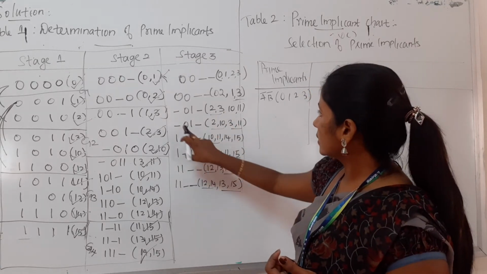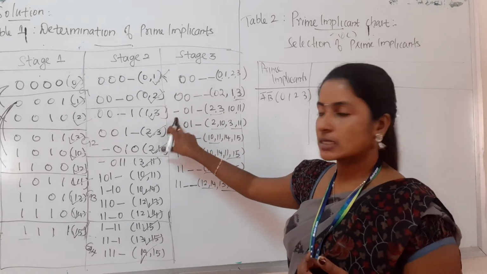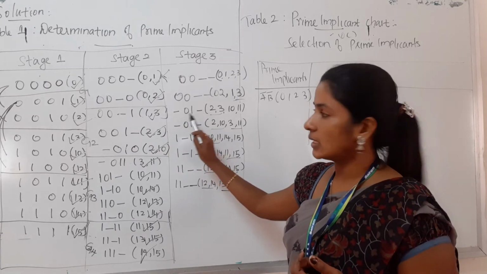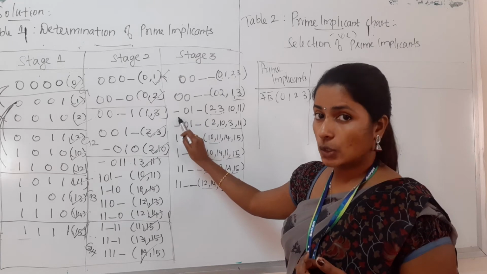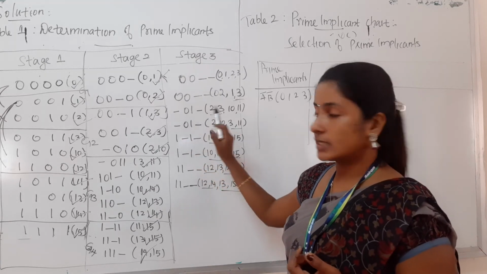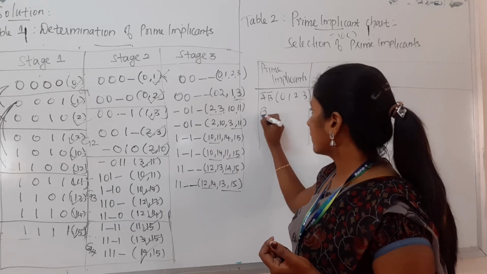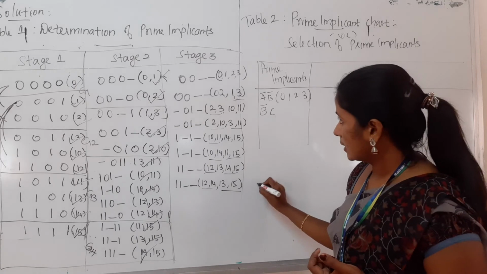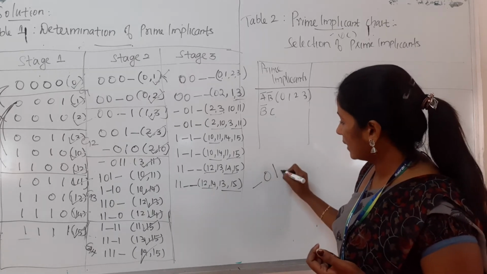Next what did I get? Dash 0 1 dash. Dash means A is not there, B bar, C, D is not there. So this is B bar, C. I am writing here dash 0 1 dash.